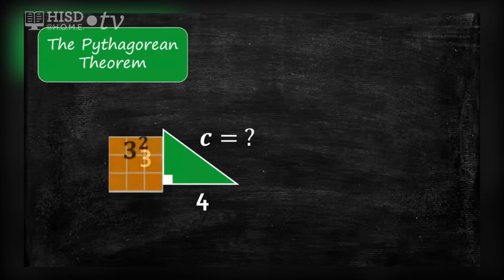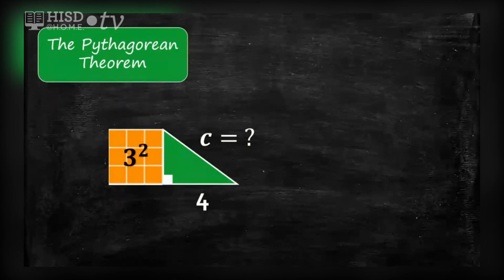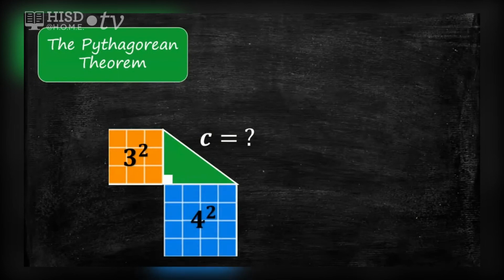That means that I have to find the area of this square, which is going to be 3 squared, or 3 times 3. And then I have to find the area also for the side 4, which is going to be just given by 4 squared, or 4 times 4. The first one is going to be equal to 9, and the second one is going to be equal to 16.